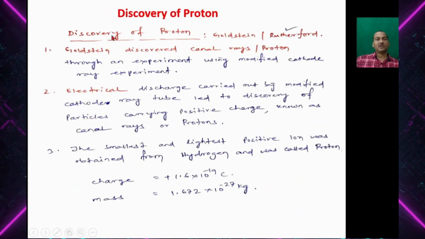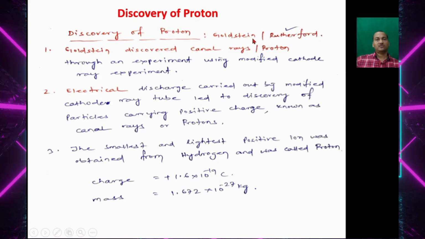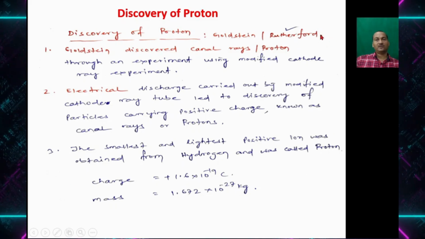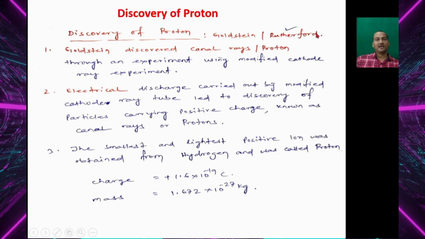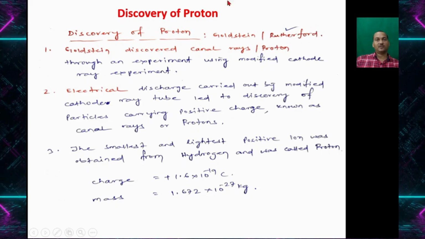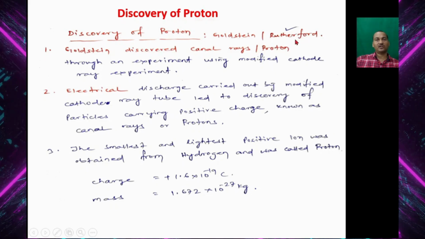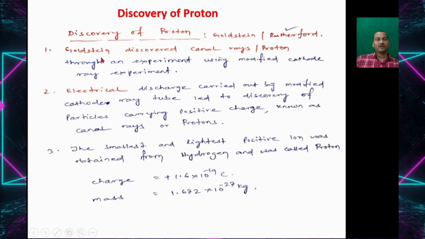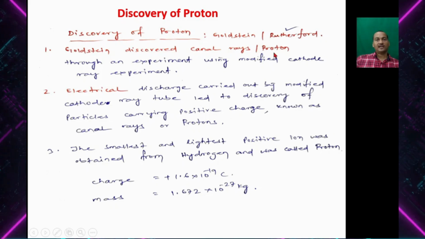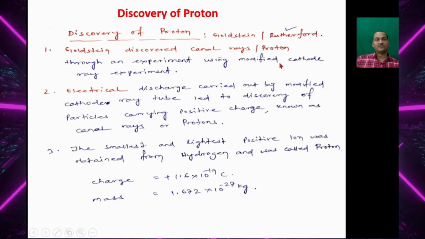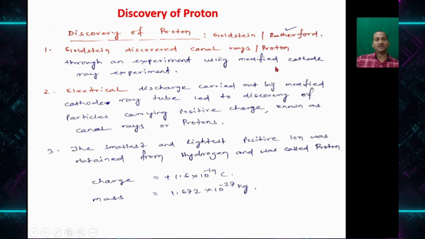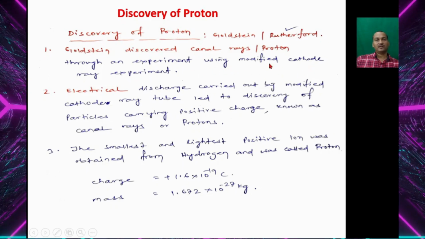The next is the discovery of the proton. The two scientists Goldstein and Rutherford did different experiments, but the credit as father of the proton goes to Rutherford. Goldstein discovered canal rays, or protons, through an experiment using a modified cathode ray tube. He used a perforated cathode.